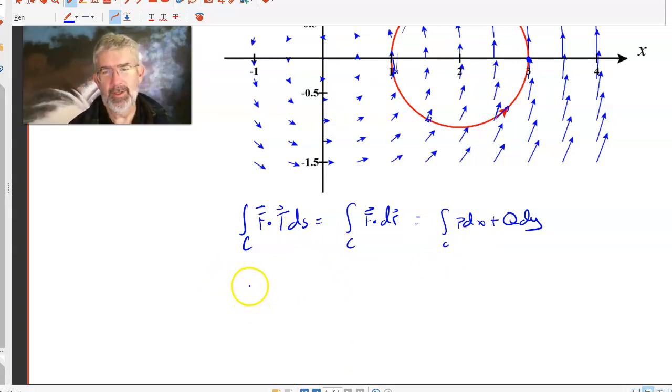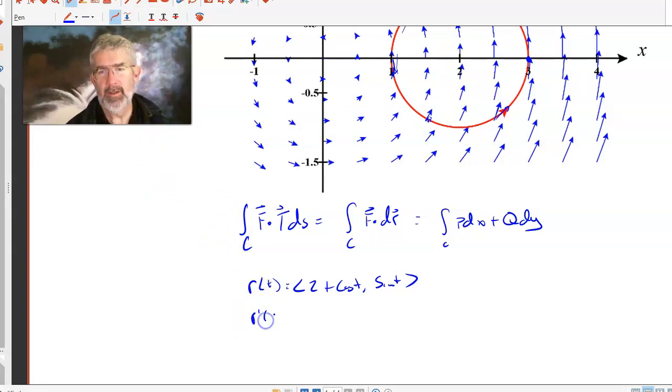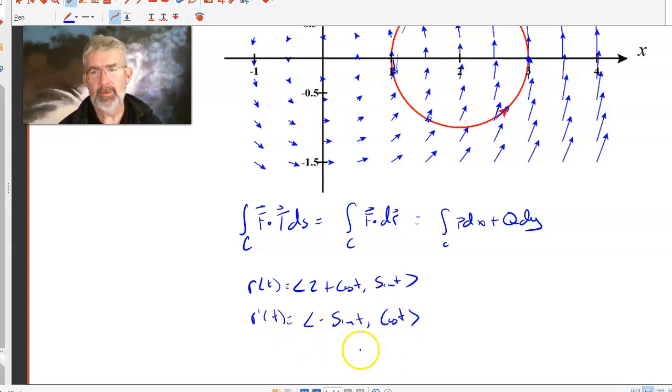So let me recall here that r was given as (2 plus cos t, sine t), and so the derivative, r prime, is, what's that, (minus sine t, cos t). Okay. So dr is this thing times dt, right?